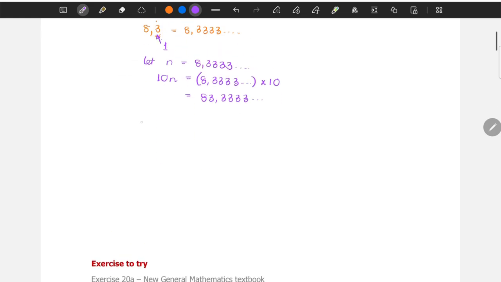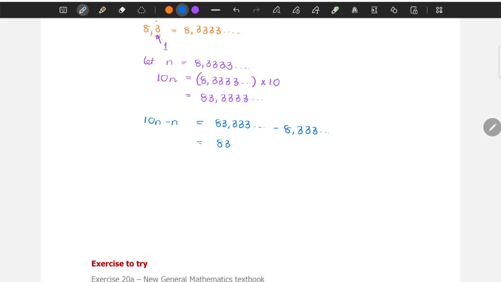Then we do the same thing when we say 10n minus n is equal to 83.333 minus 8.333, right?